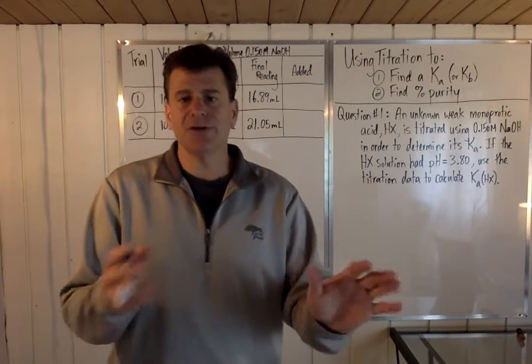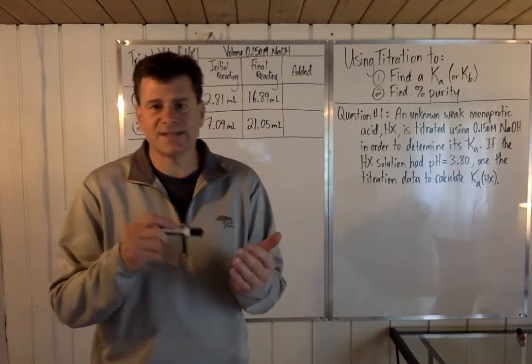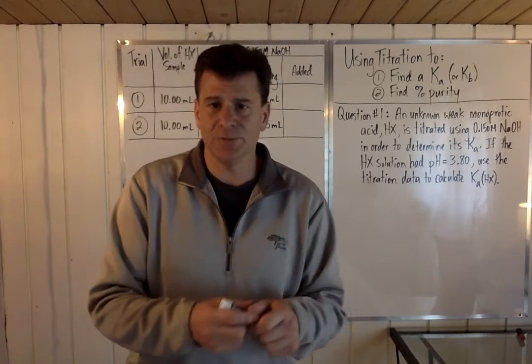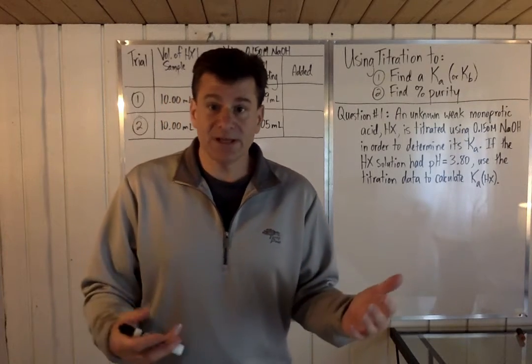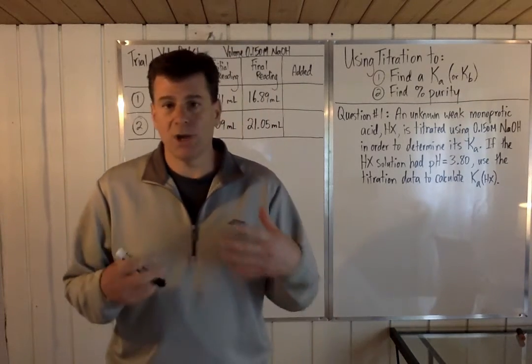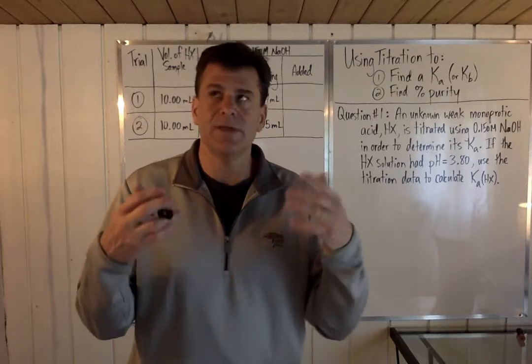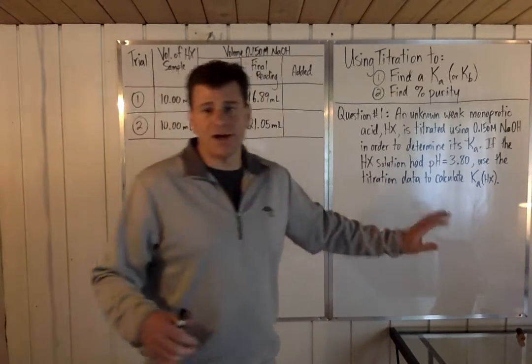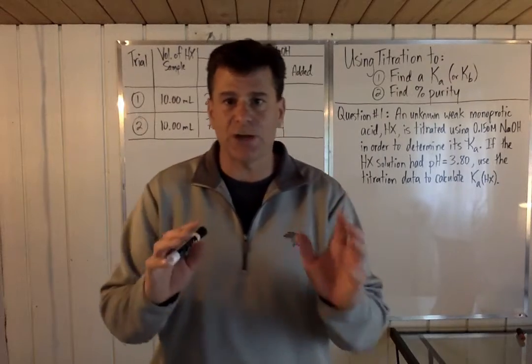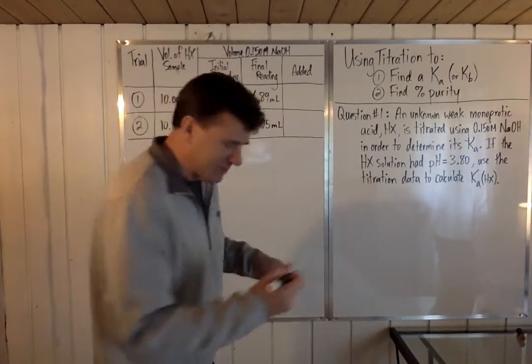So how do you do this? It tells you an initial pH. You have to understand that to be able to calculate a Ka of something, you need to be thinking ICE table. So right underneath here, I'm going to draw an ICE table just to demonstrate what the plan of attack is going to be.